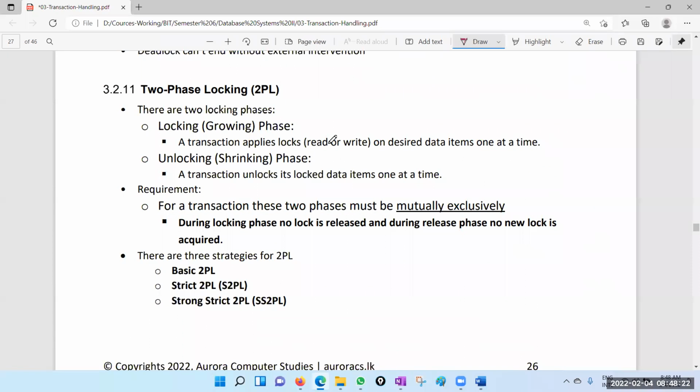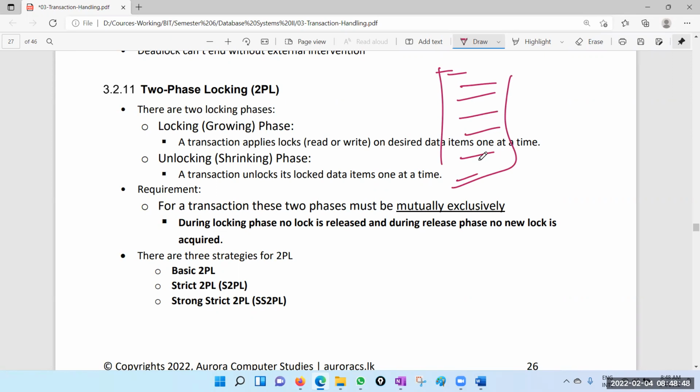Right. So now we are going to discuss the two-phase locking mechanism. I told you that there are two strategies. One strategy is that you release your locks only after you are done with all the activities. Say your transaction has to do 5 activities.